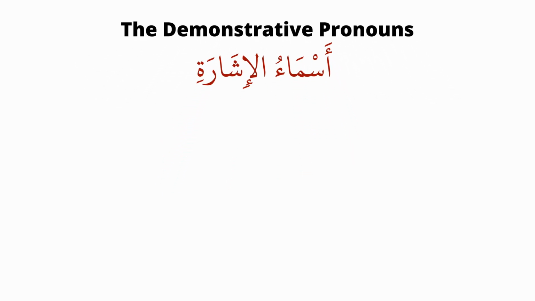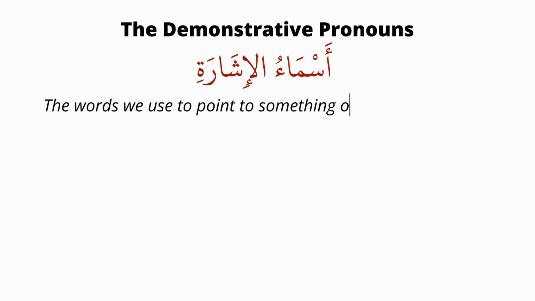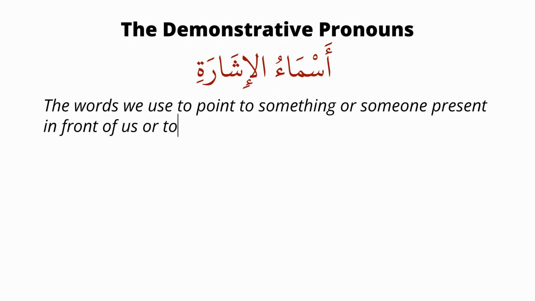The demonstrative pronouns are words used to point to something or someone in front of us or to draw attention to. In Arabic, there are different demonstrative pronouns depending on the number of objects and depending on whether they are near or far. Following are the characteristics of the demonstrative pronouns.